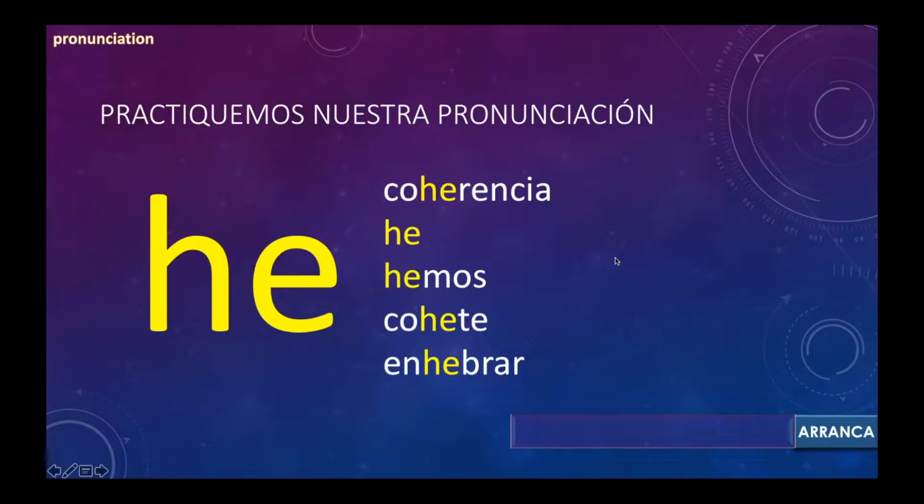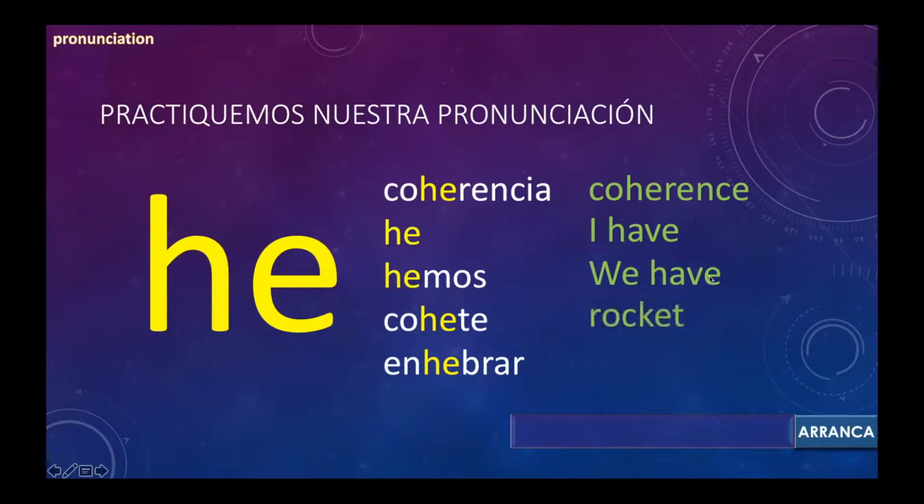And our time is up. Let's check the answers. So we have coherence. E means I have in Spanish. Hemos means we have in Spanish. Cohete means rocket. And finally, enhebrar means to thread.